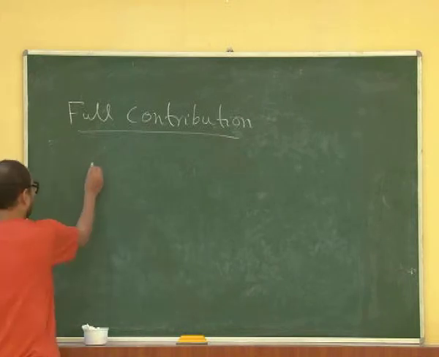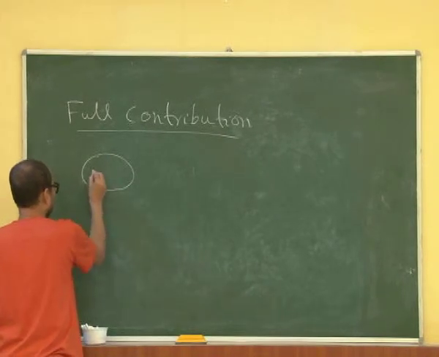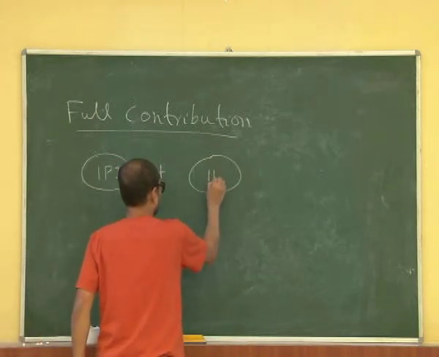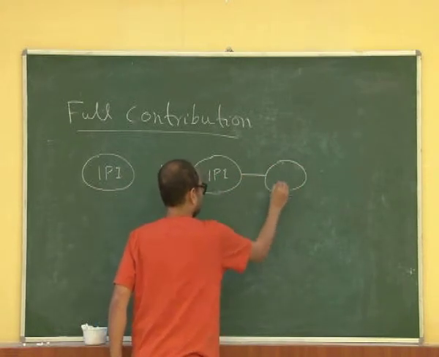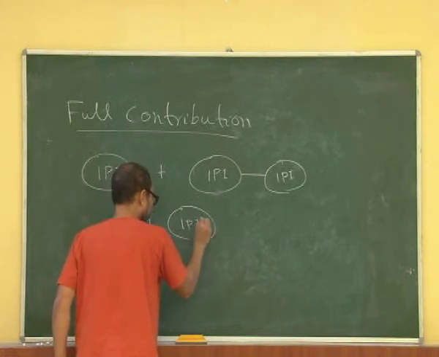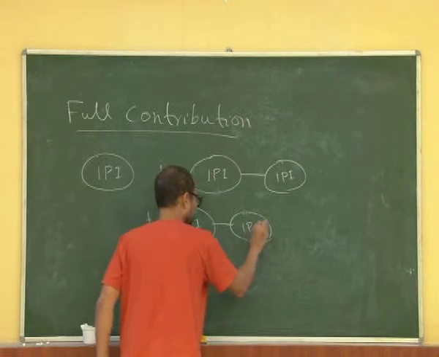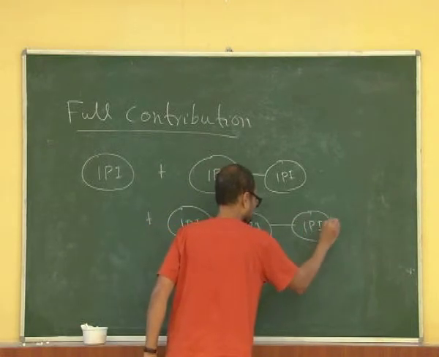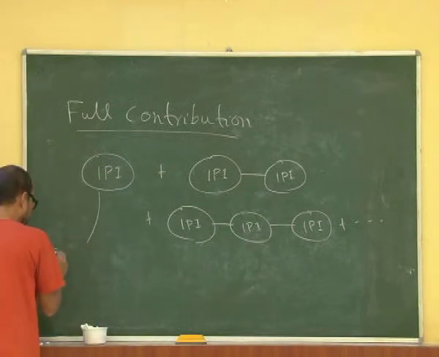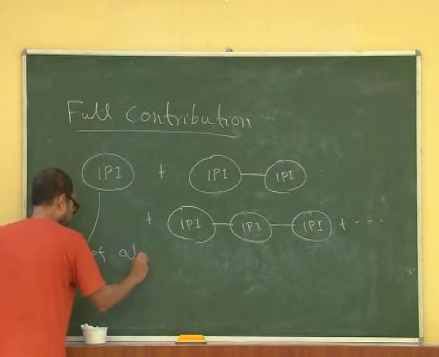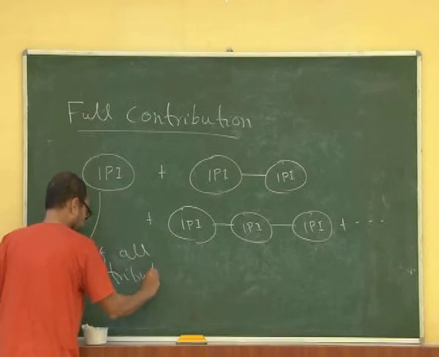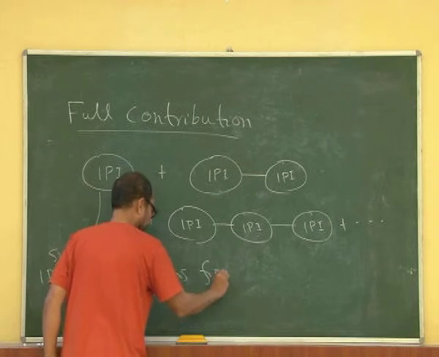Okay, but with this the full contribution can be written in a formal way like this: 1PI plus 1PI 1PI plus and so on, where this 1PI now contains the sum of all 1PI contributions from different genus.